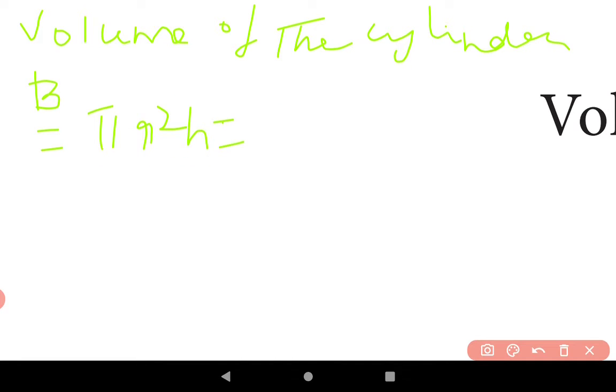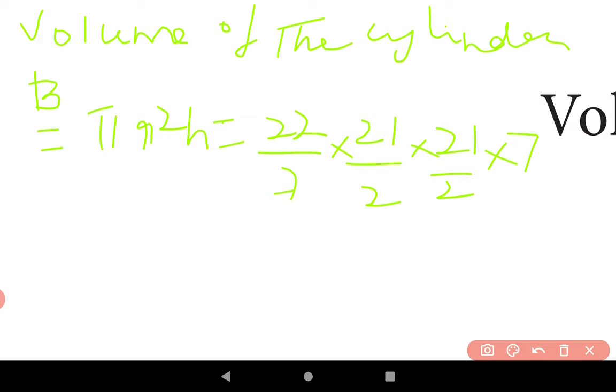Here it is 22 by 7 into r squared. The diameter is 21 centimeters, so r is 21 by 2 into 21 by 2 into h, which is 7.